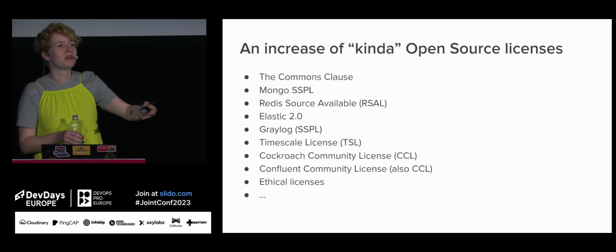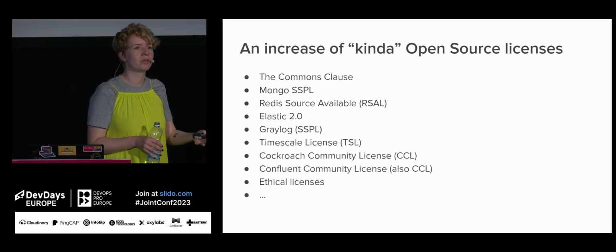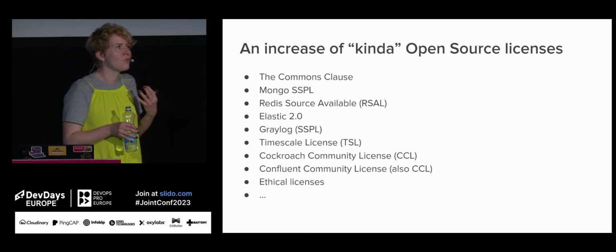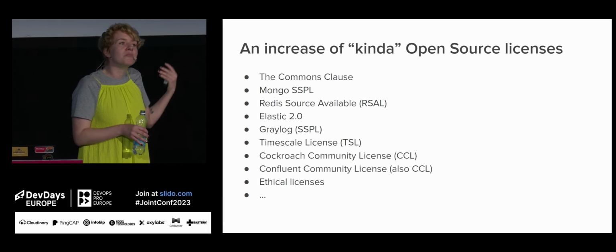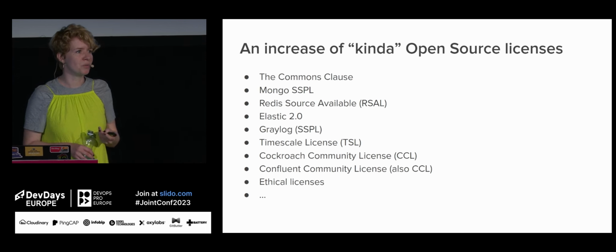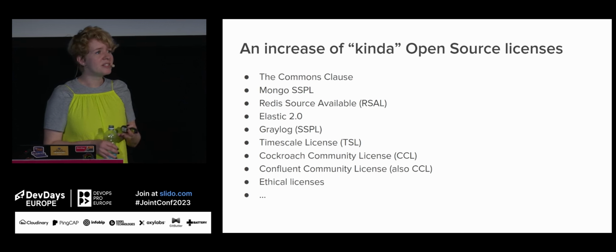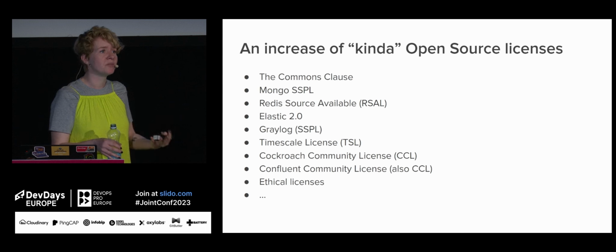So the companies and the projects that have changed their license to restrict what cloud vendors can do with their software were really not okay with cloud vendors making money over their product and not their commercial business instead. But these new licenses are actually kind of detrimental to the ecosystem, because they take the code and the project private, right?